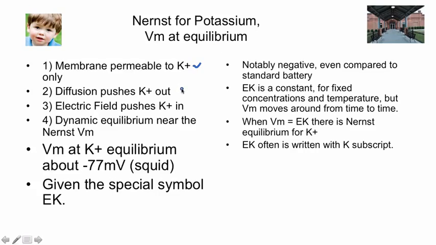Diffusion pushes potassium out. The electric field pushes potassium in. There is a dynamic equilibrium near the Nernst Vm. The Vm for potassium at equilibrium is about negative 77 millivolts for squid for the concentrations shown there. And this value of Vm is usually given a special symbol, normally EK.